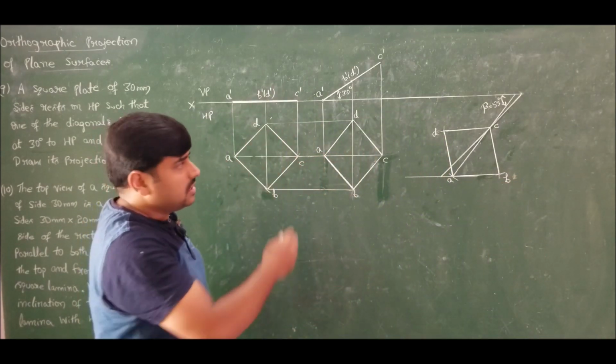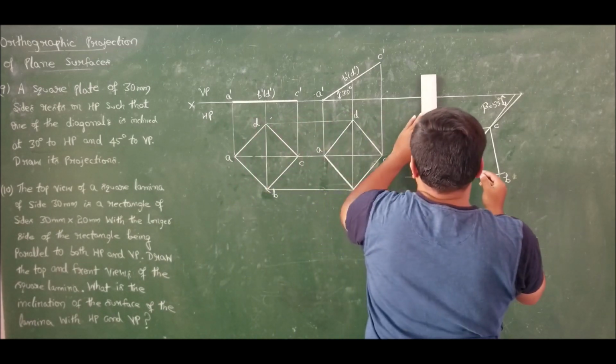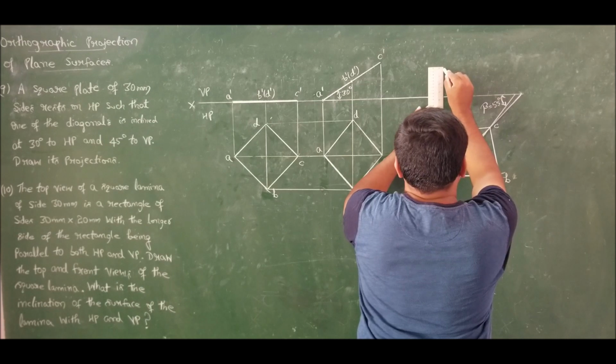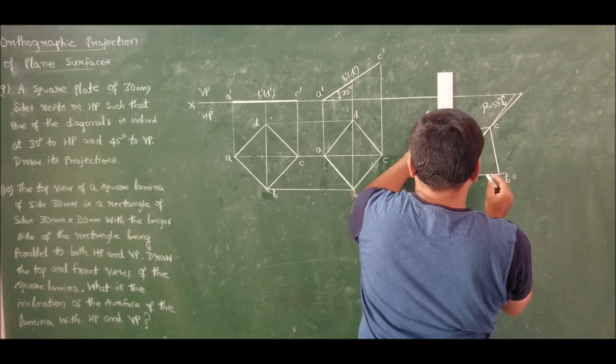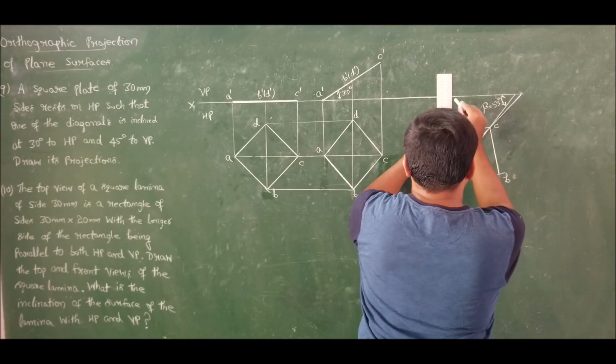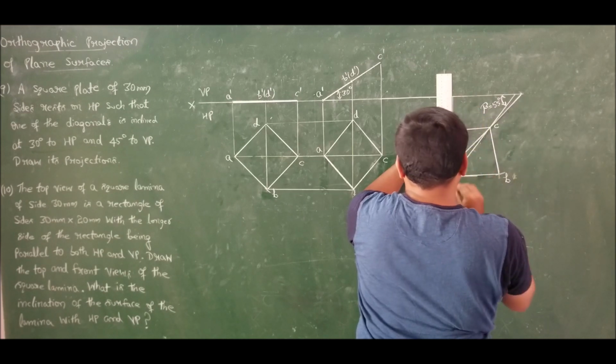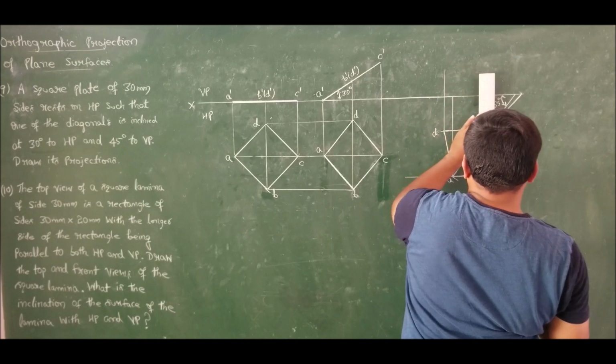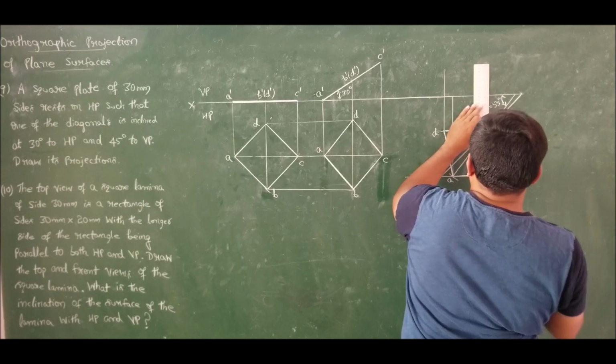Now take projection and complete the sketch. So D is still here. It is resting on A dash. Then we have C dash till top.